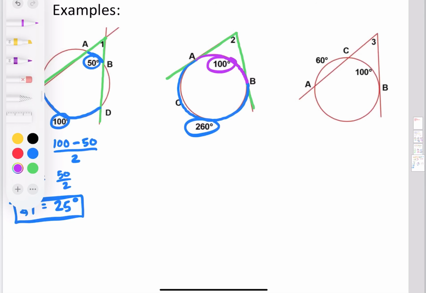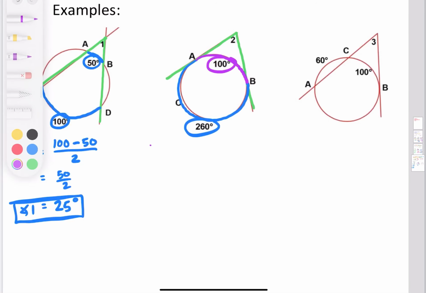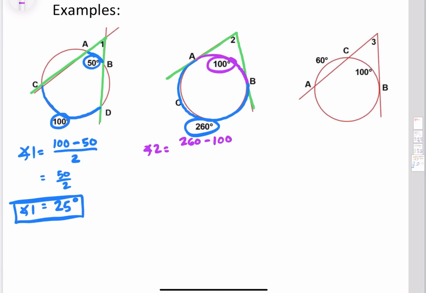So angle 2 is going to be the larger arc, 260, minus the smaller arc, 100, divided by 2. Well, 260 minus 100 is 160, and 160 divided by 2 is going to give us 80 degrees. So angle 2 is 80 degrees.